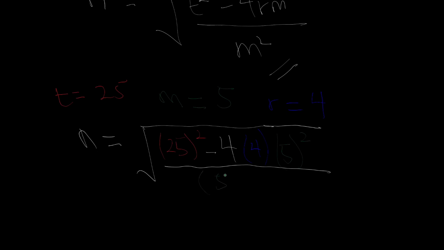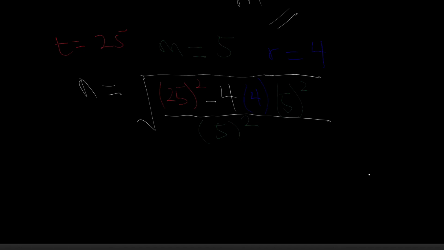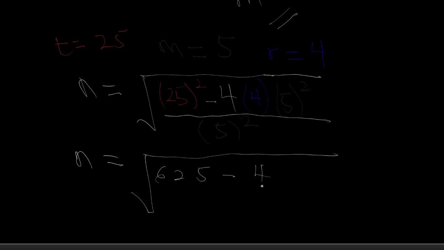So m is 5, 5 squared. Now our n should be equal to the square root of, 25 squared is 625, 625 minus 4 times 4 is 16. 16 times 5 squared, which is 16 times 25, is 400. All divided by 5 squared, which is 25.